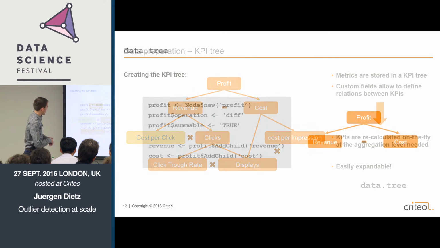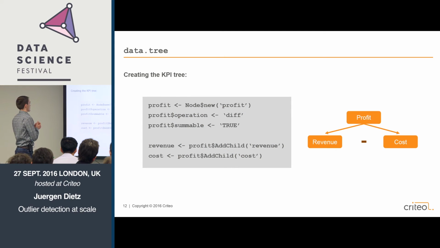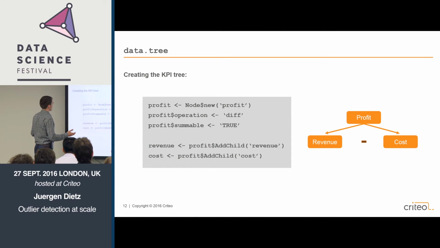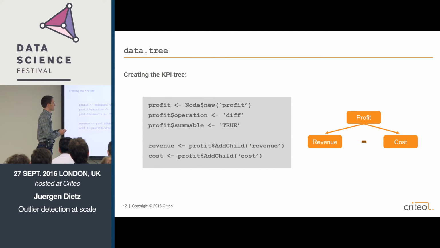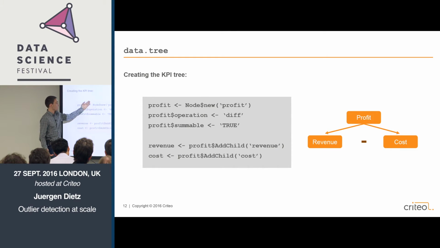So on the data.tree topic, it is a very simple code to actually implement the tree. So say we want to implement what's on the left there, on the right. The package has an object called node, which has methods. So you just run the new method on it, and you give it the name of the node or the element you want to create.